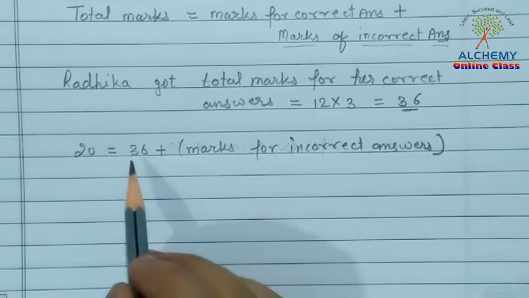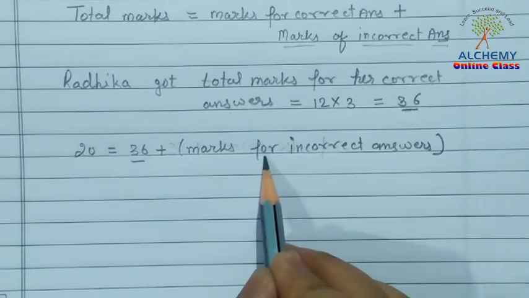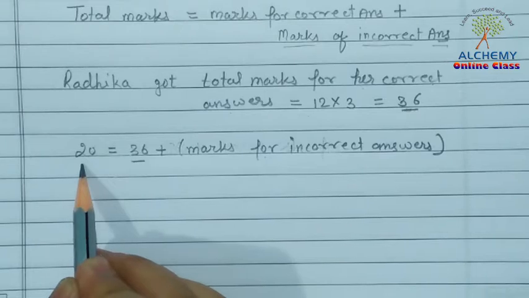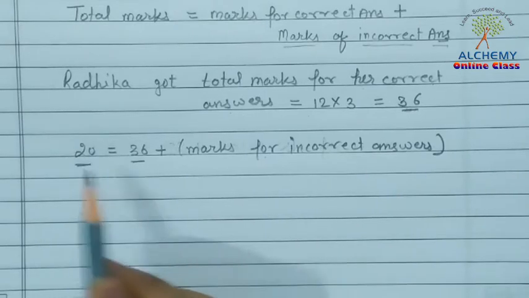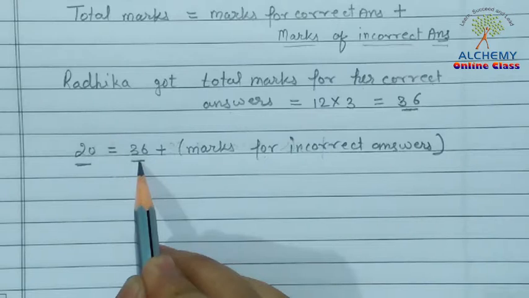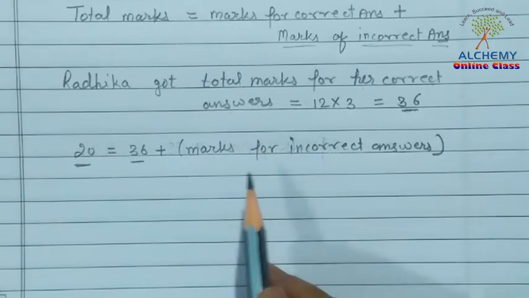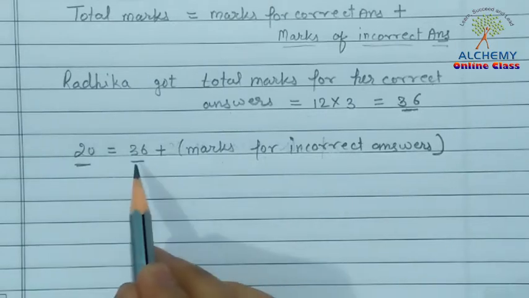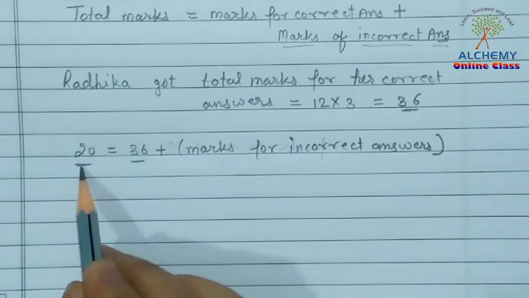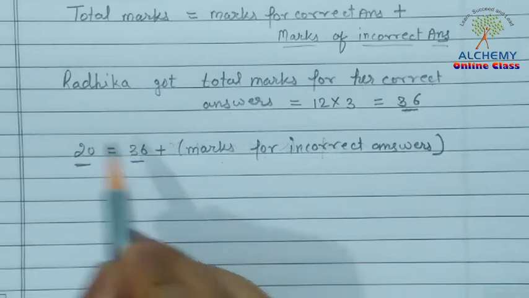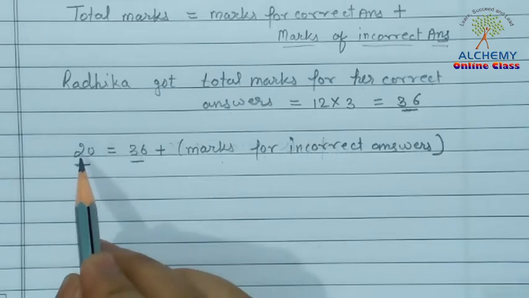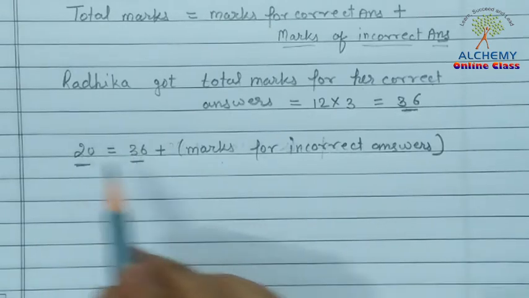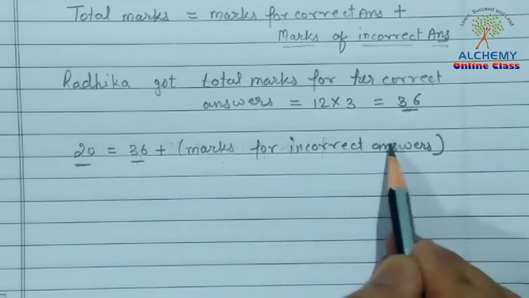When we add marks for correct answer and marks for incorrect answer, then we find the total marks got by Radhika. We found 36 marks she got for correct answer. Now we have to find how many marks she got for incorrect answer. So when we take this 36 to the other side of equal to, it will be subtracted from 20. So when we subtract this 36 from 20, we get the marks she got for incorrect answer.